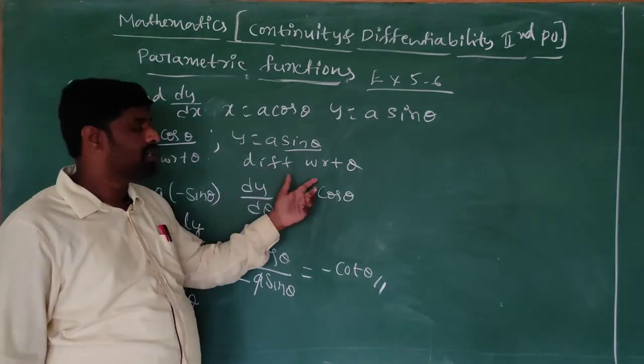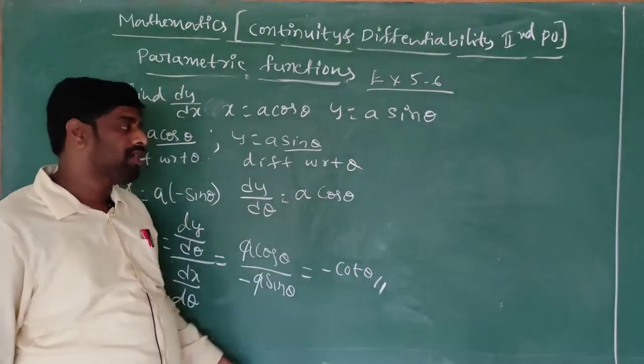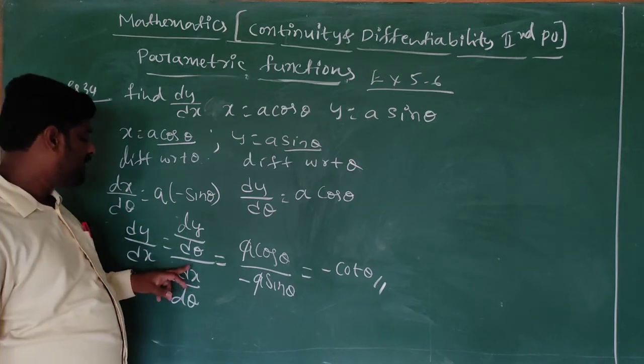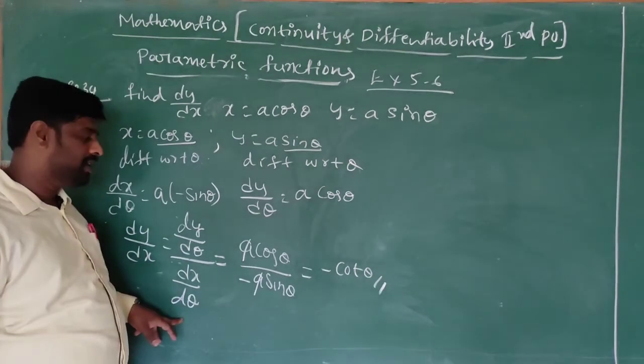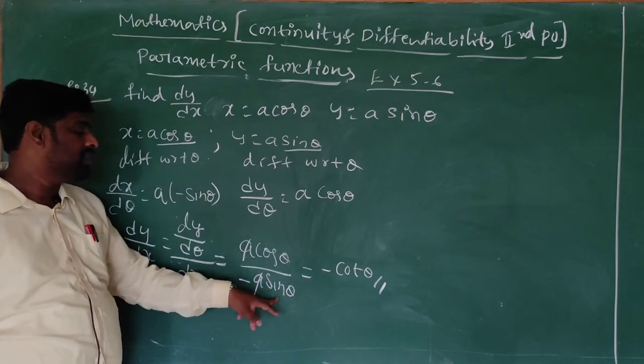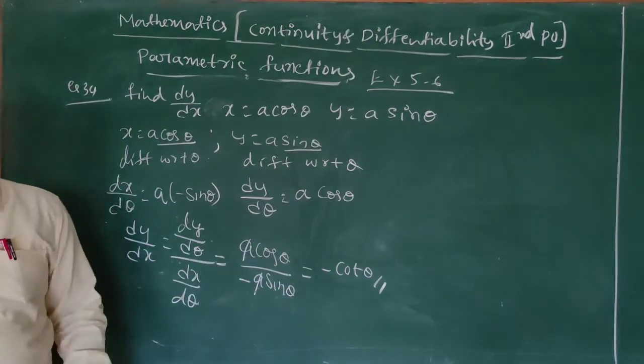And dy by d theta is equal to a cos theta. So dy by dx is equal to dy by d theta divided by dx by d theta, which is a cos theta over minus a sin theta. A cancels. Cos theta by sin theta is minus cot theta.